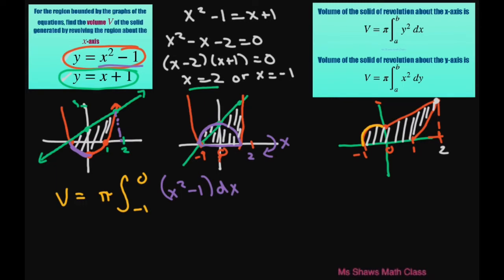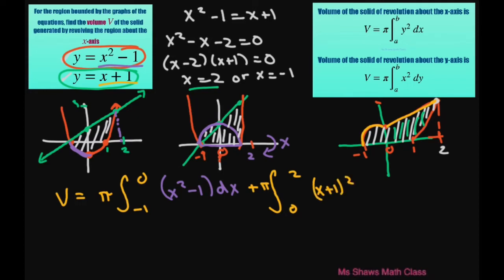Now for this piece, this shaded region, it's enclosed by this line here from 0 to 2. So we're going to write the integral from 0 to 2, and the line is x plus 1.